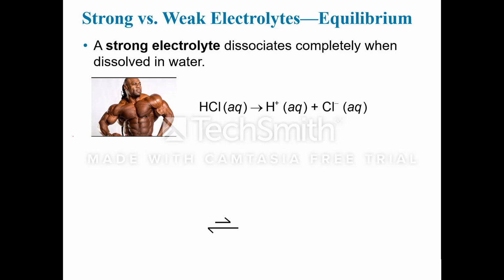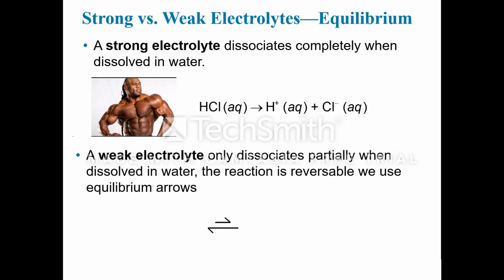When I'm describing a strong electrolyte, what I mean is that the substance dissociates completely into ions. When I'm describing a weak electrolyte, I'm saying that the substance does dissociate in water, but only a little bit.